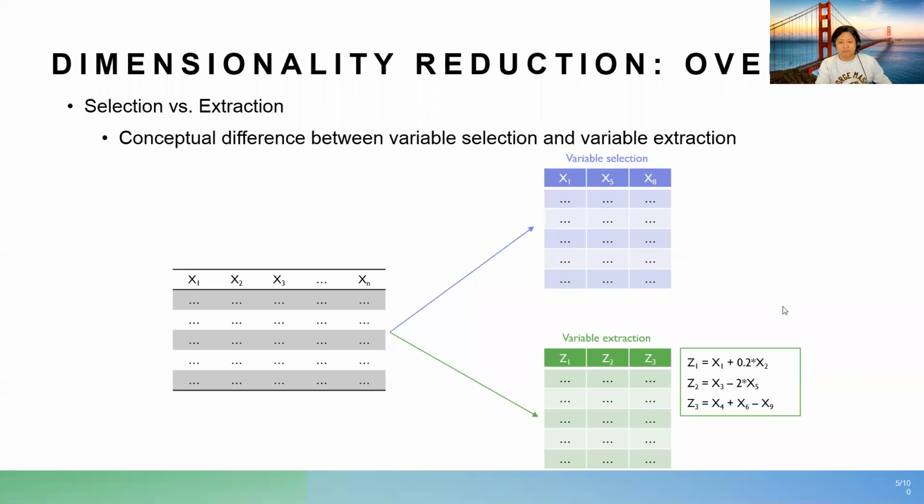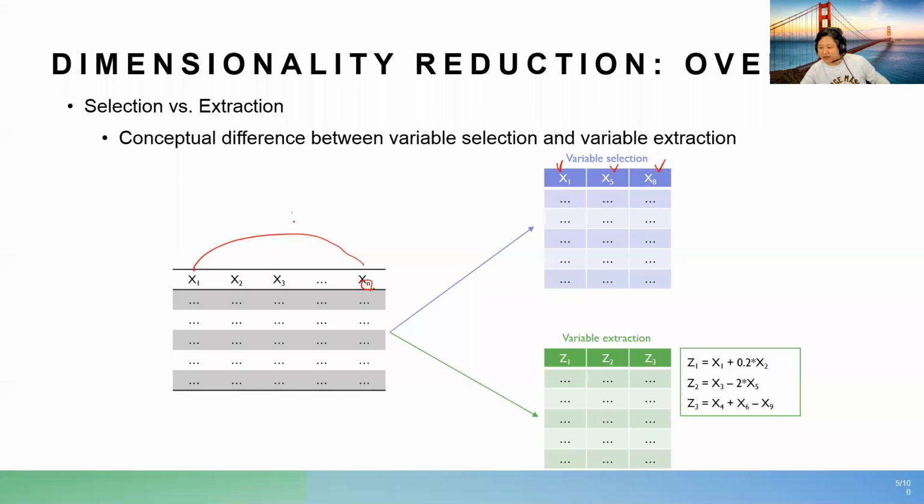So there are two different approaches to reduce the dimensionality. The first one is variable selection. The second one is variable extraction. Let's say we have n variables, x1 to xn, right? Variable selection is simply selecting important variables. So in this case, x1, x5, x8.